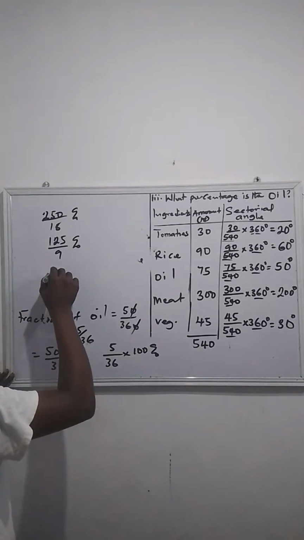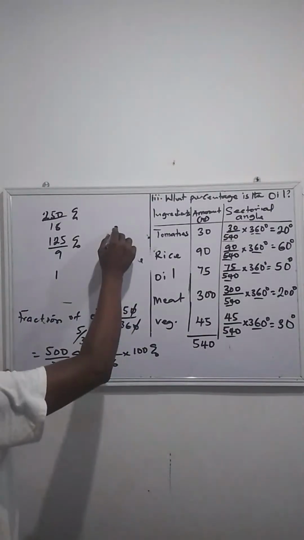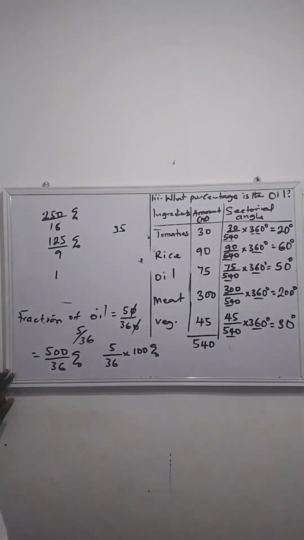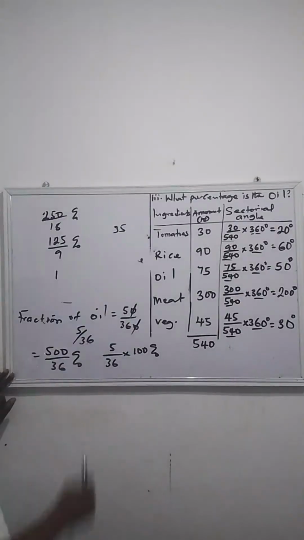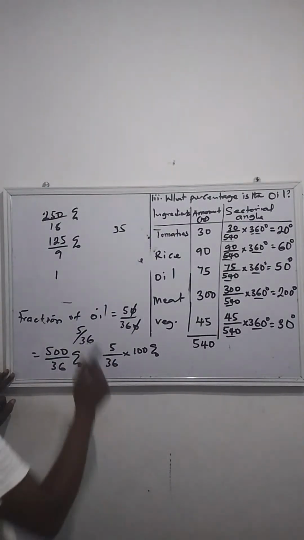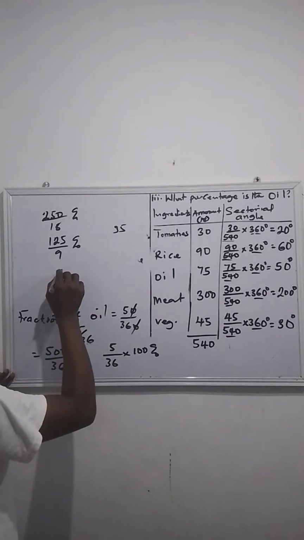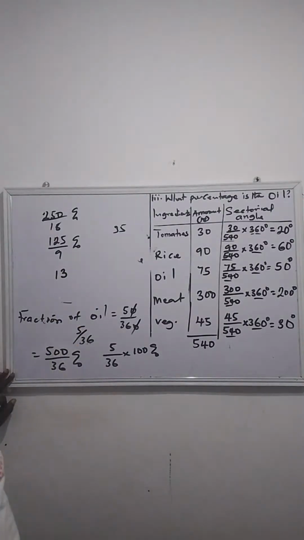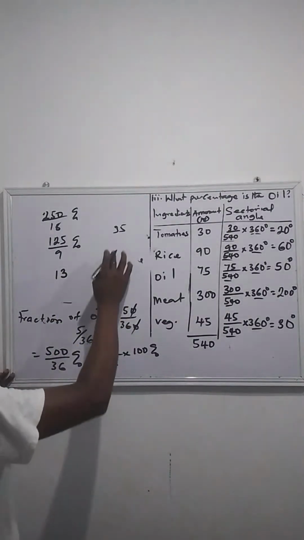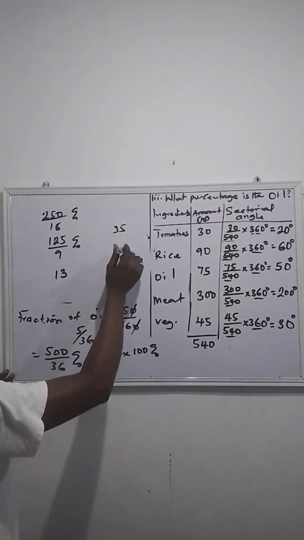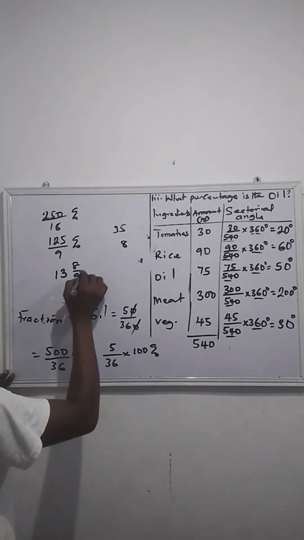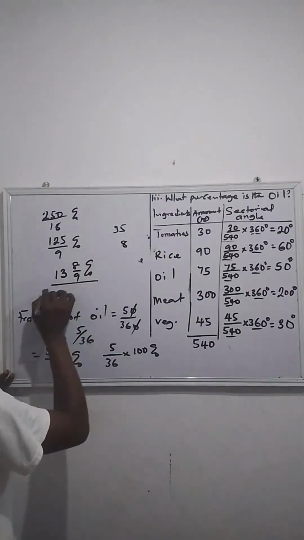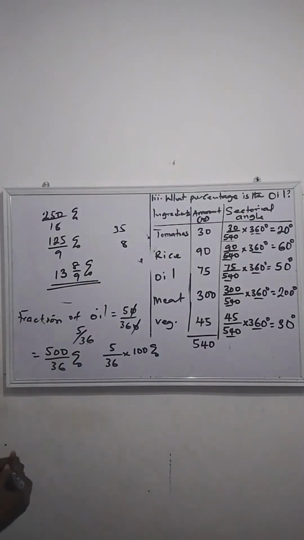We have 1, it remains 3. How many 9 are you going to see in 35? That's going to be 3. Then we have 3 plus 5, so we have 8 left, so we have 8 over 9%. So this is going to be the percentage: 13 whole number, 8 over 9.